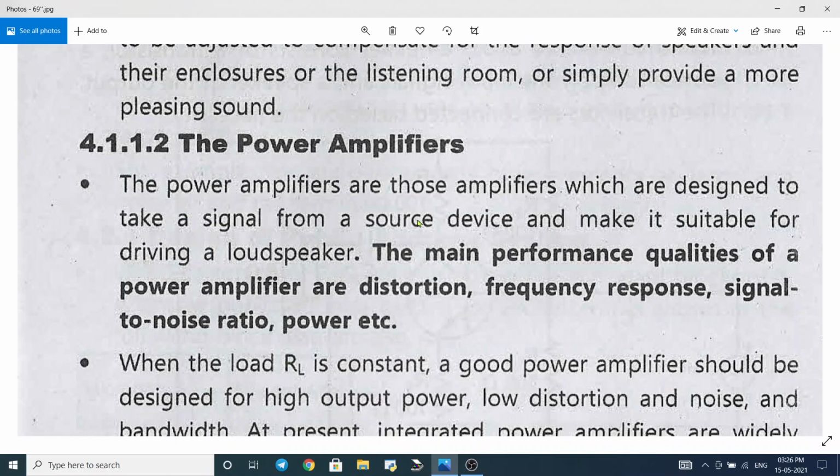A power amplifier should amplify the power level, that is both voltage and current level, what we call as strength of the signal, so as to drive the output devices, that is speakers. So the signal is made suitable for driving the loudspeaker.